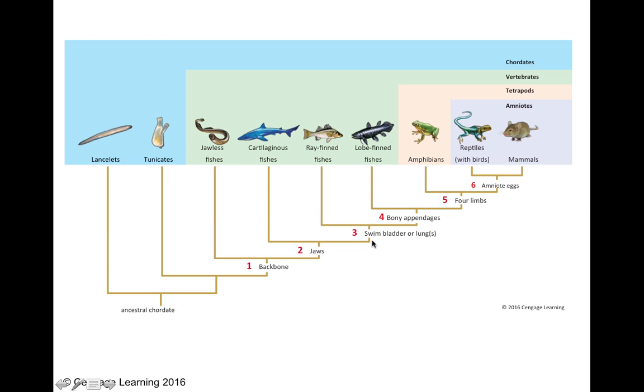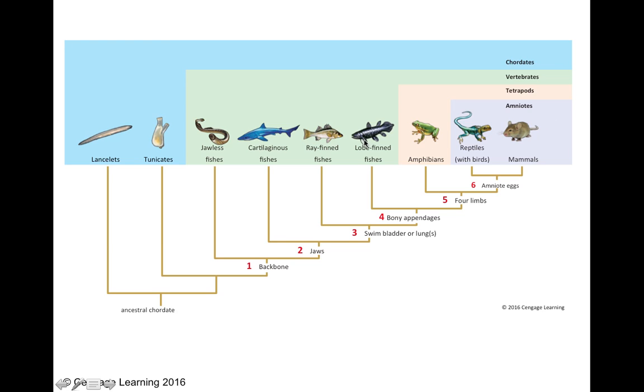We get a swim bladder later, and we get ray-finned fishes, which is like your standard kind of what you think of when you think of a fish, is ray-finned fishes. Bass and perch and trout, that kind of stuff you catch around here in South Dakota. So once we get lungs and bony appendages, we can get some lobe-finned fishes.